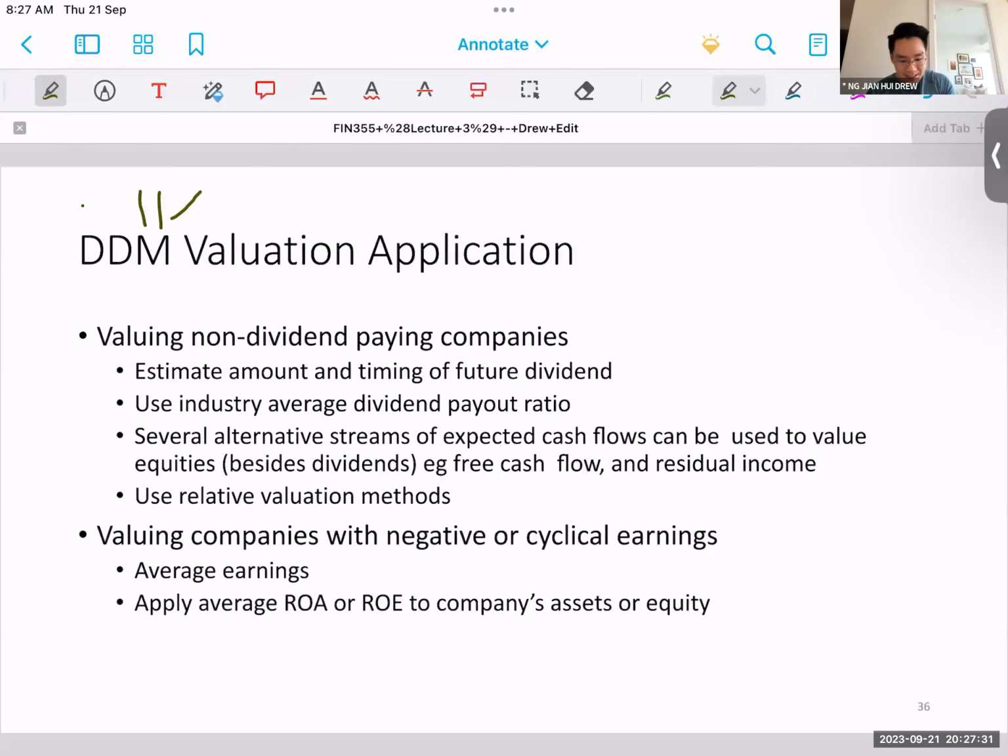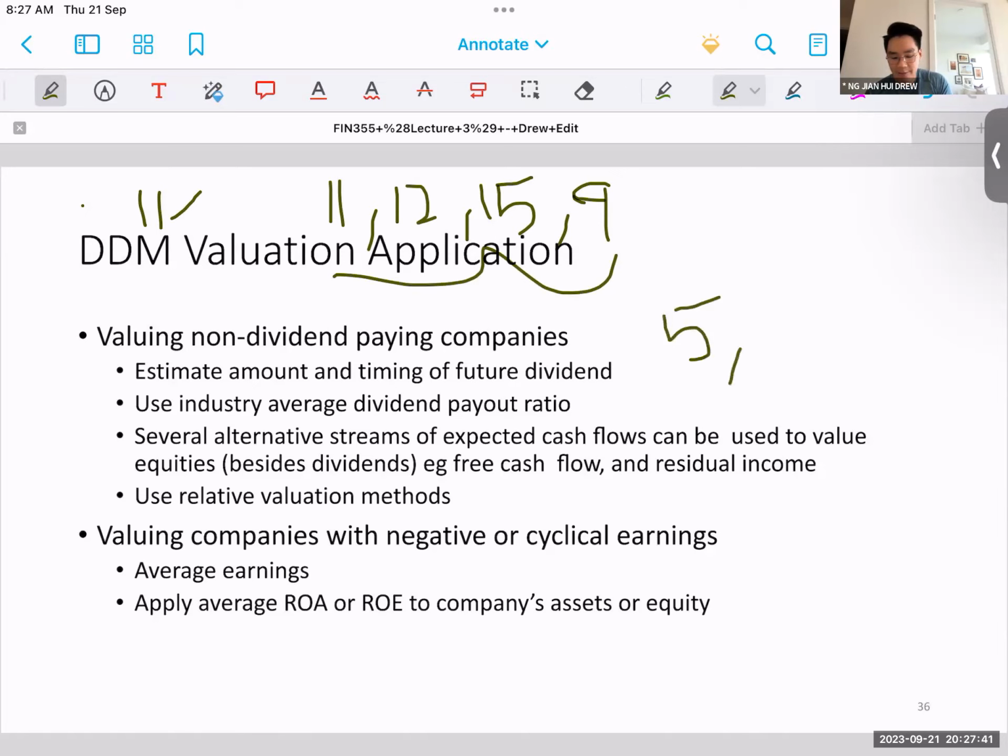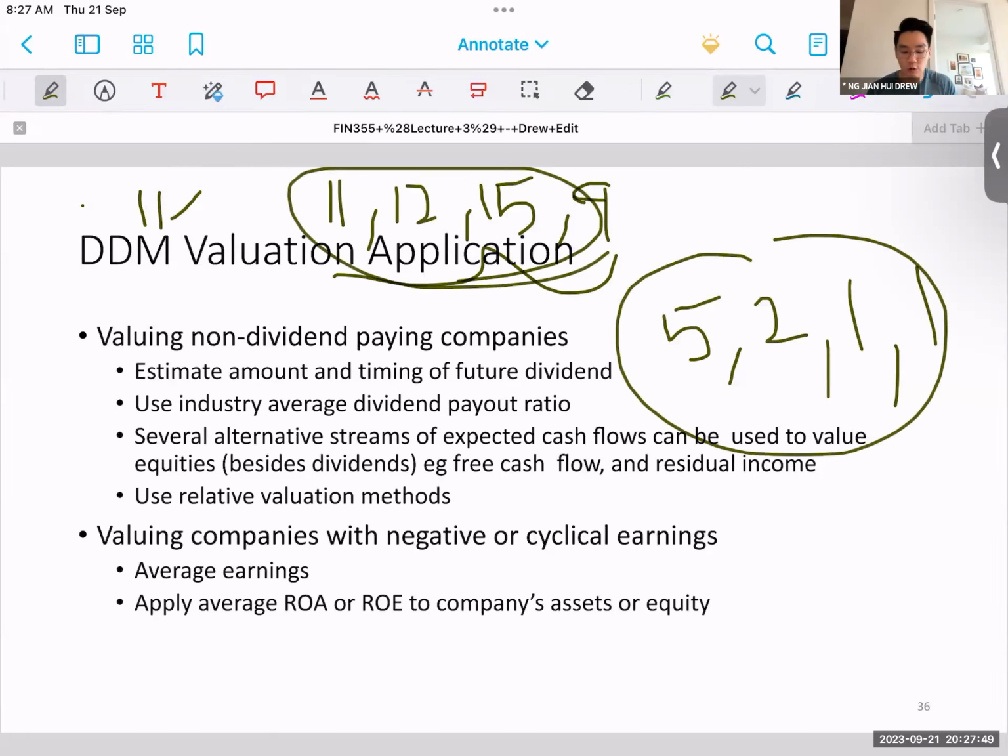So 11%, 12, maybe 15, 9. This is the high growth level. Then we have the lower growth, maybe 5, 2, 1, 1. So these are two groups of growth levels, and they are quite unstable.